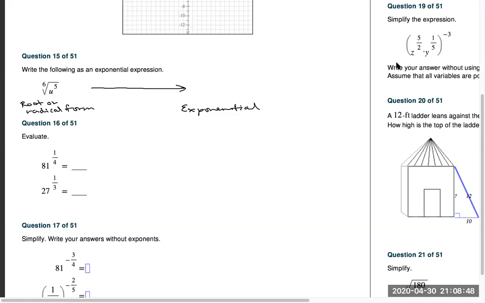So here, our root form, we have the radicand u to the 5th. That becomes the base for our exponential form. Radicand becomes the base.